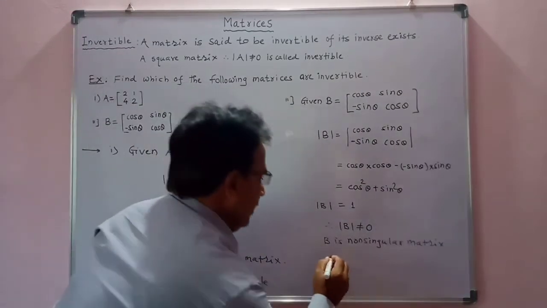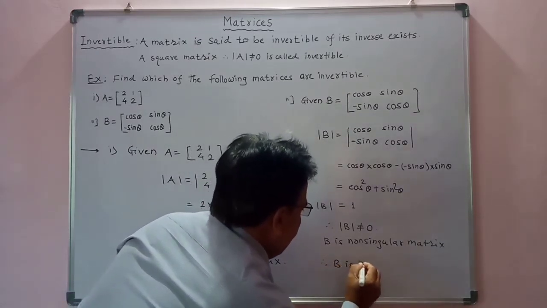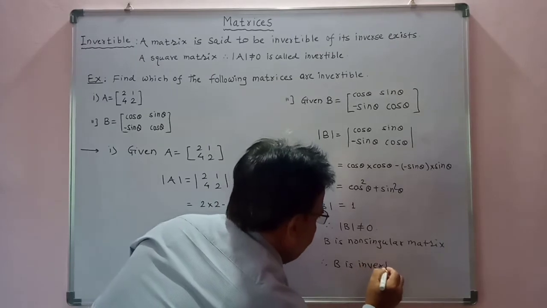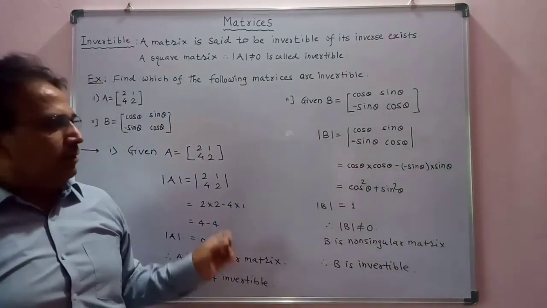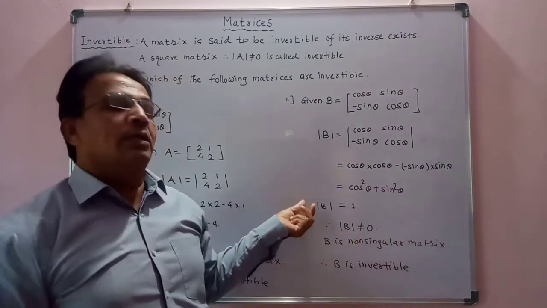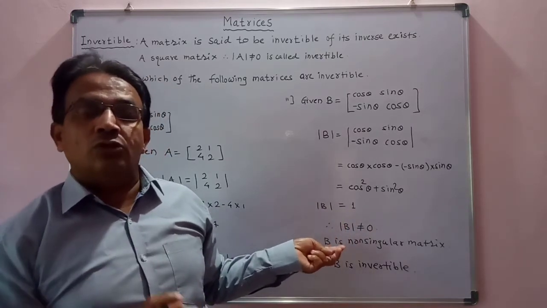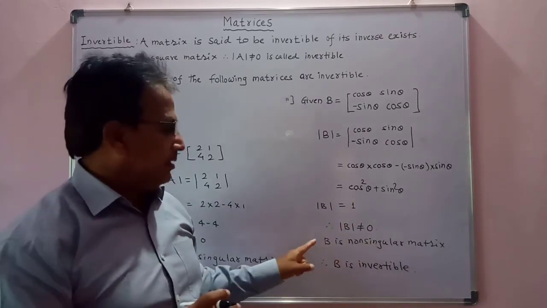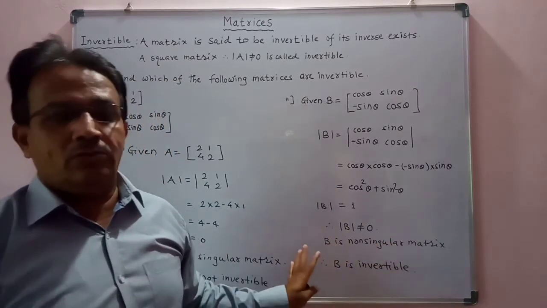Therefore, B is invertible. Cos square theta plus sin square theta equals 1, so determinant B equals 1, which means determinant B is not equal to 0. Therefore, the inverse exists. B is a non-singular matrix, which means B is invertible. Okay.